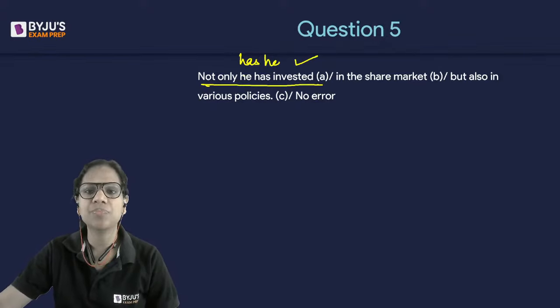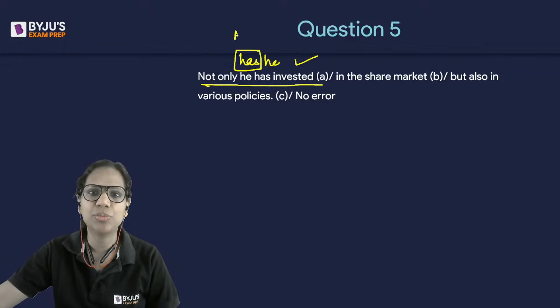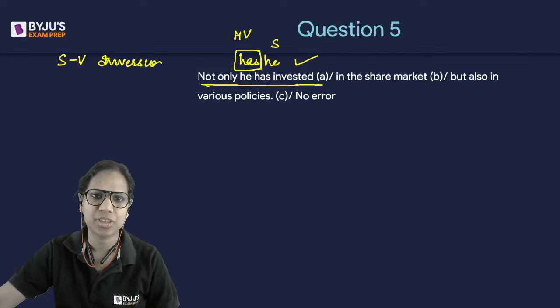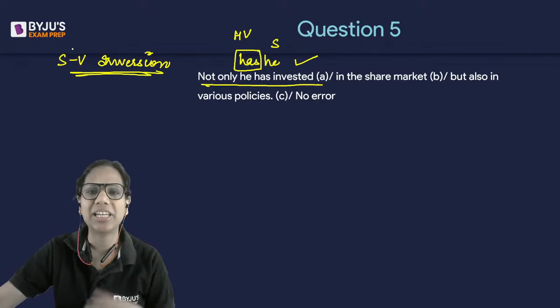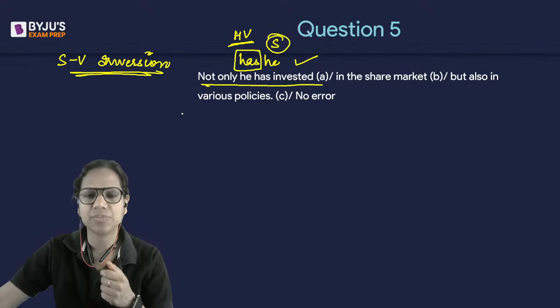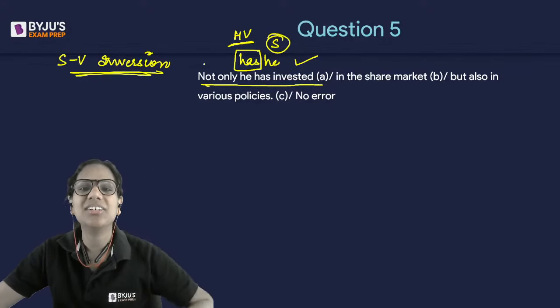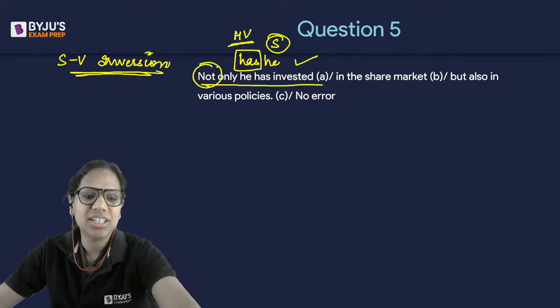A is erroneous. The reason behind this is that we are putting the helping verb first and the subject later. This is called subject verb inversion in grammar. It got inverted, right? Normally we put the subject first and the verb comes later, but here we have inverted it. The helping verb is coming first and the subject is coming later, because my sentence starts with a negative word, right?